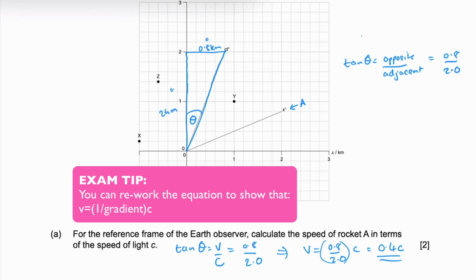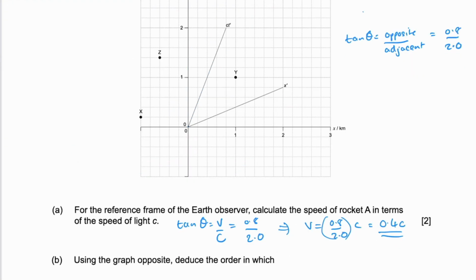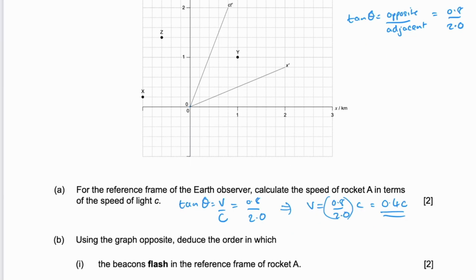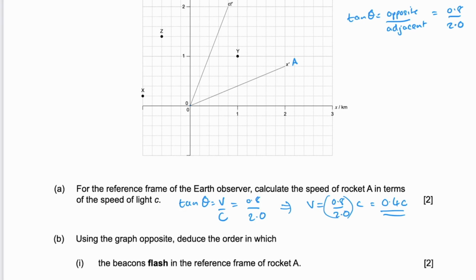I'm going to clear the graph because I've got a feeling we're going to draw some stuff on this graph in a second. B1. Using the graph, deduce the order in which the beacons flash in the frame of reference of rocket A. So we're looking at the frame of reference of rocket A and we want to know in which order these beacons flash.